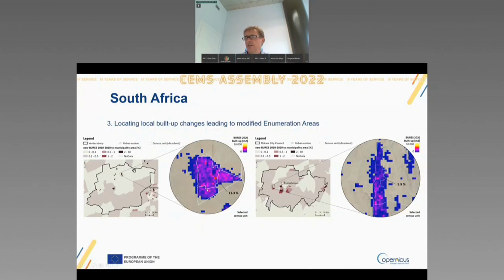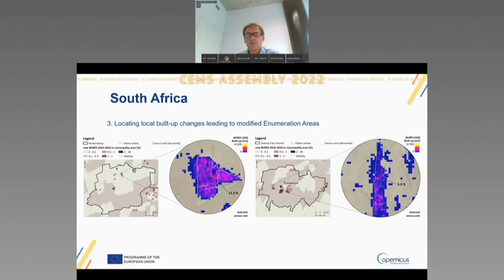Then this enumeration area was split into two so that the enumerators had less work to do. And likewise, another example on the right-hand side for the small municipality of Potchefstroom, where we could also point to those areas where the enumeration areas should be updated due to a major built-up increase.